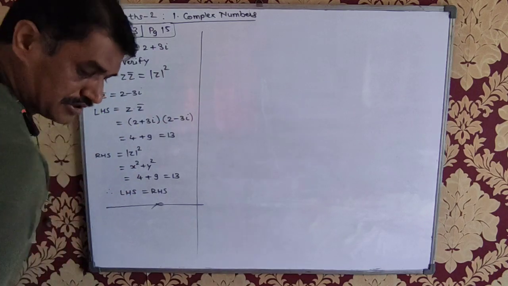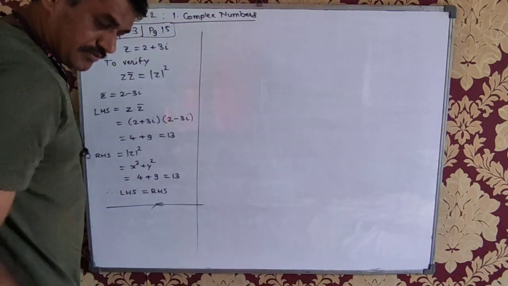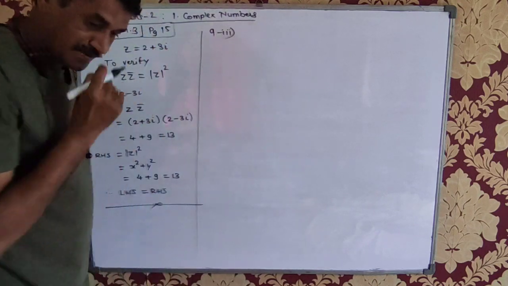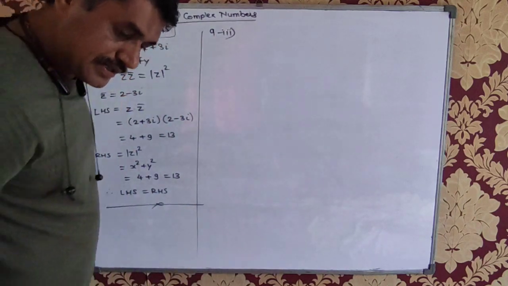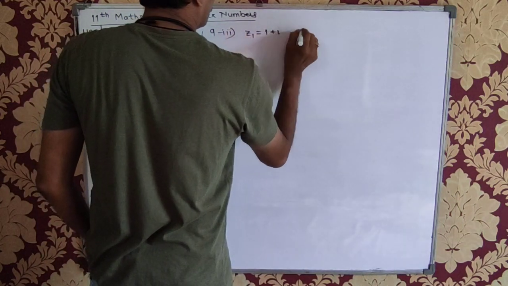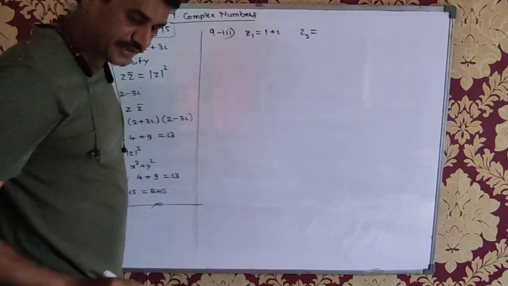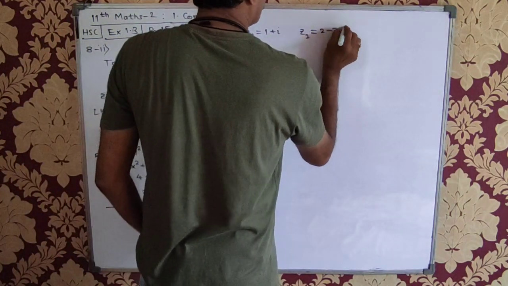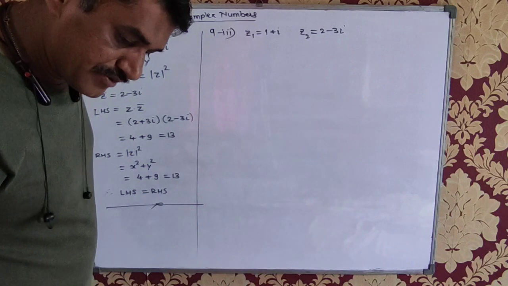Next, question number 9, part 3. Z1 is 1 plus i and Z2 is 2 minus 3i. Verify the following.